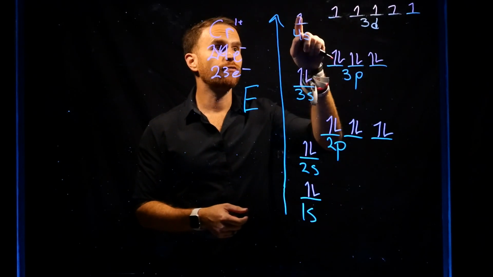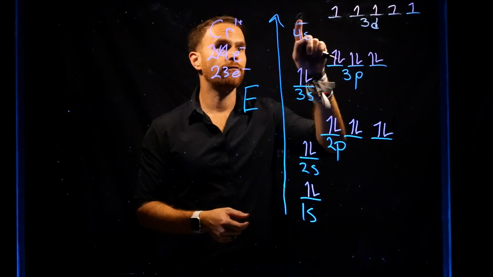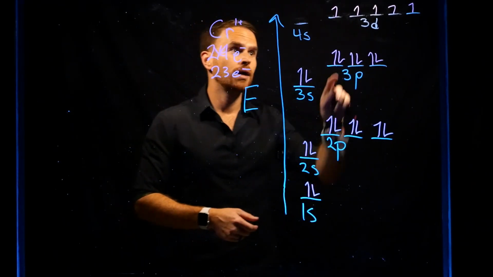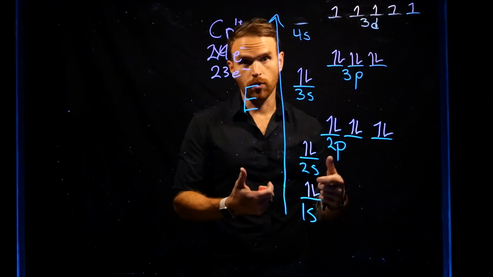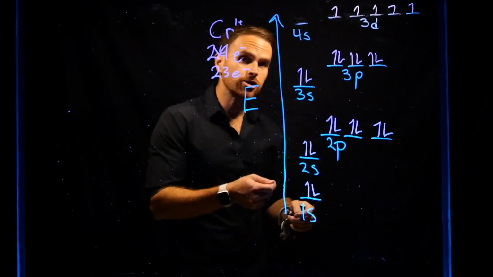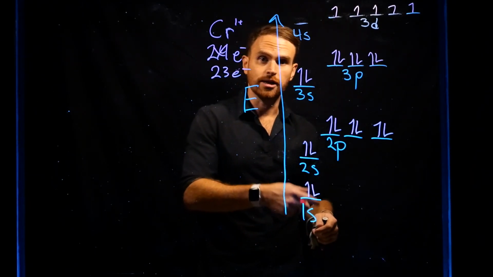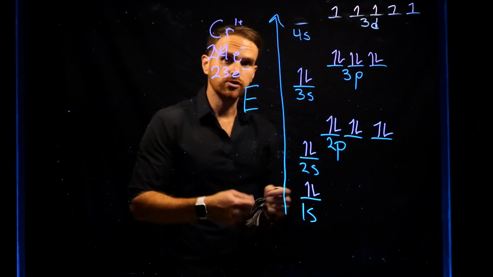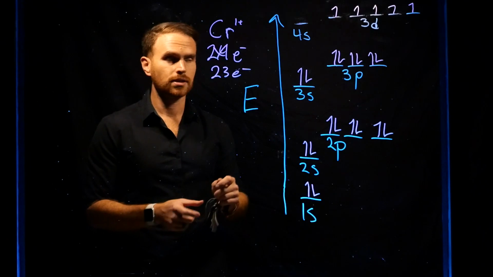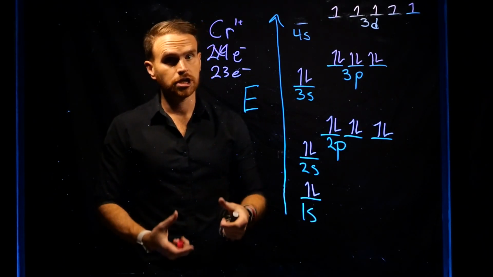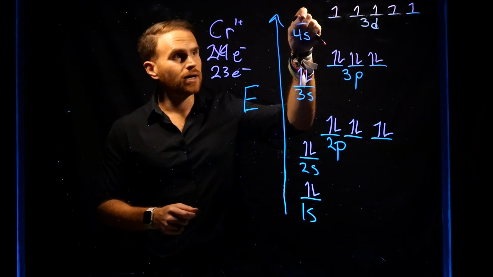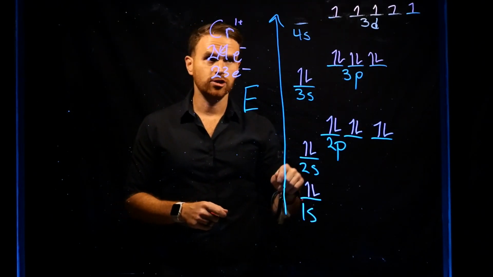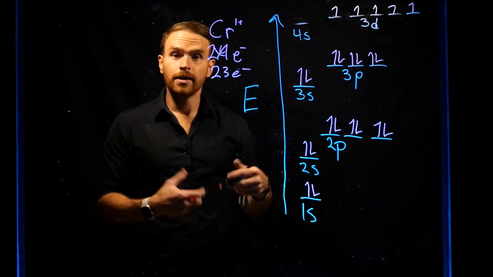Instead, what you'll find is that we can remove the 4s electron, leaving the 3d orbitals all with a single electron going in the same direction. And it turns out that this is more energetically favorable. And you'll see as we do these calculations, something called shielding is what gives rise to this. So, because it is easier to remove the electron from the 4s orbital, that is what actually ends up happening.